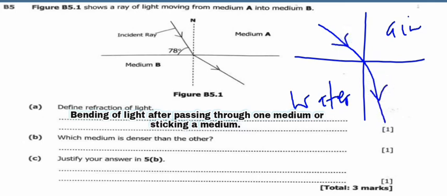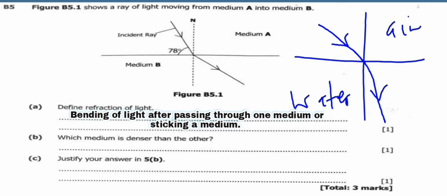So that is how we represent it. Now, as you can see, this one is not bending toward the normal. It is bending away from the normal. This can only happen when the ray is coming from a more dense medium, for example, if it is coming from water going to the air.